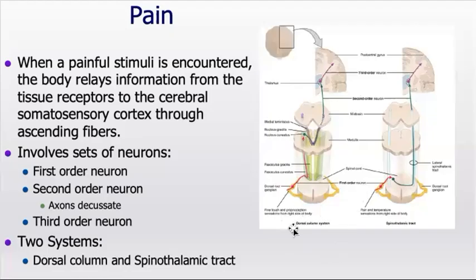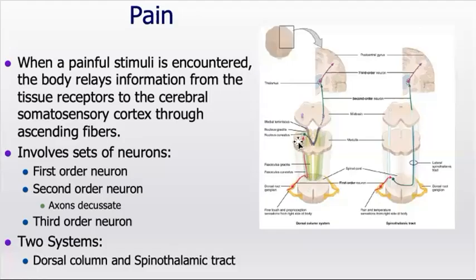The dorsal column system, so let's say proprioceptive information, enters through, again, the dorsal root ganglion. It synapses on the dorsal horn of the spinal cord, and it ascends. So as you can see, it does not synapse with a second order neuron here. It ascends to the medulla, and this is through the dorsal column system.